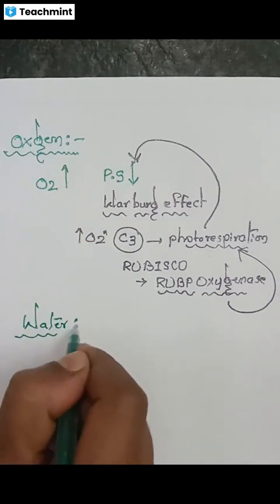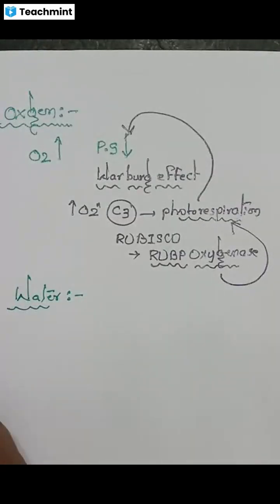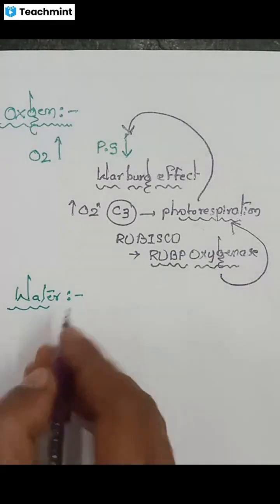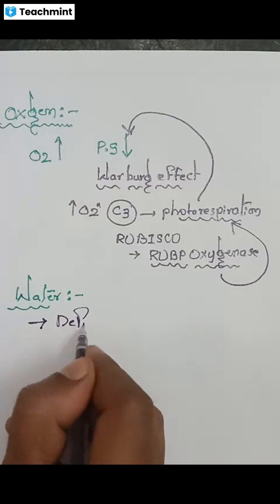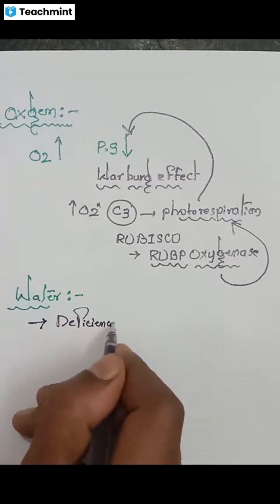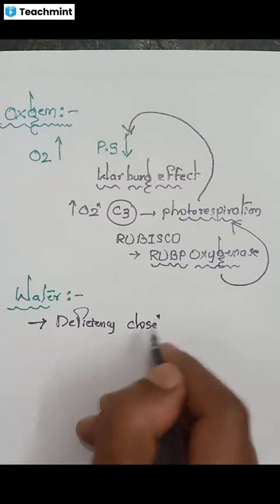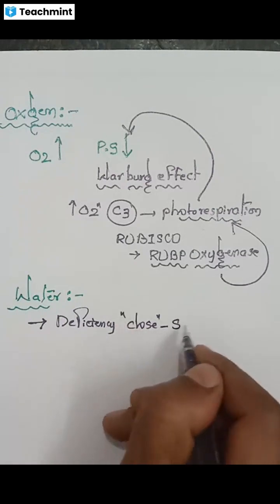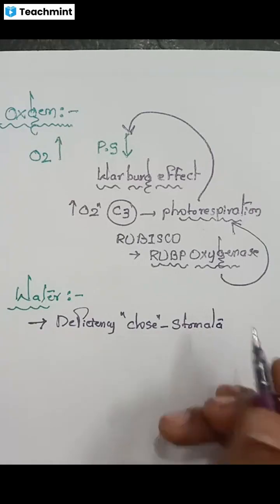Another photosynthetic factor is water. Water deficiency closes the stomata.